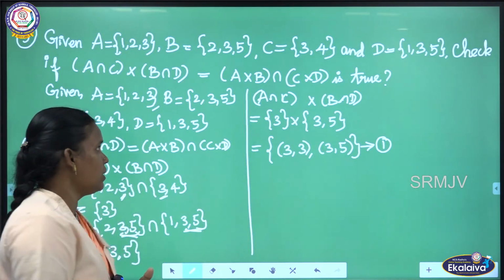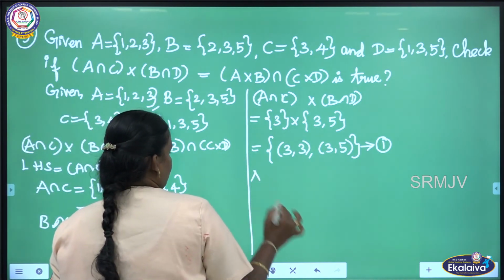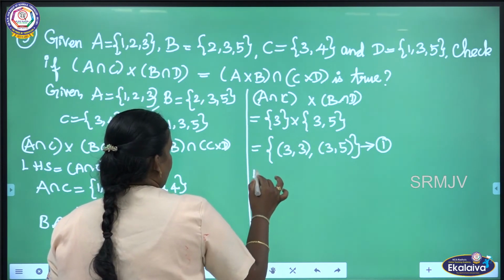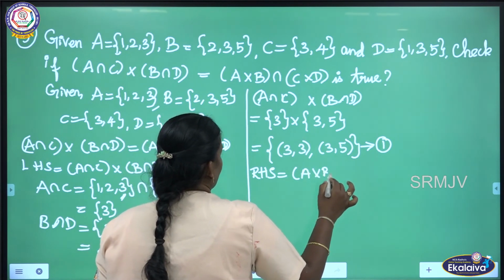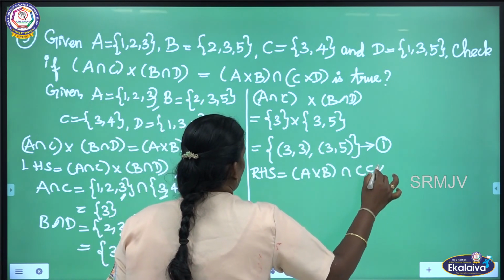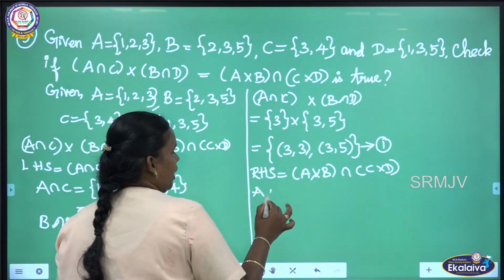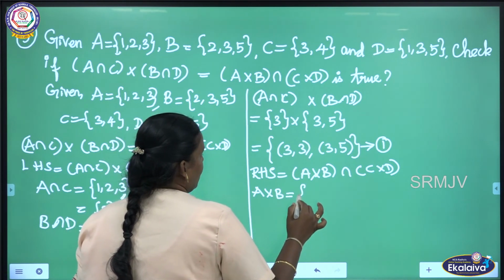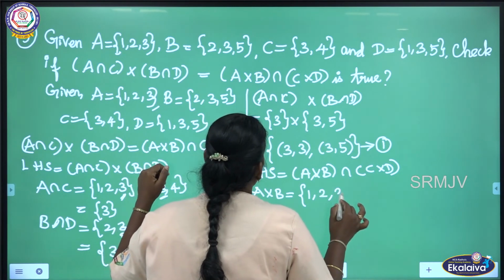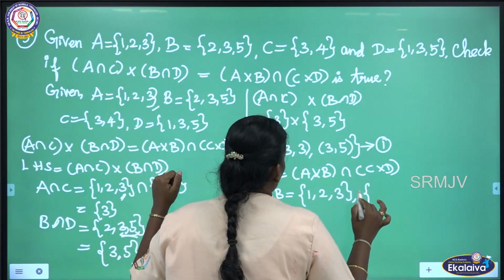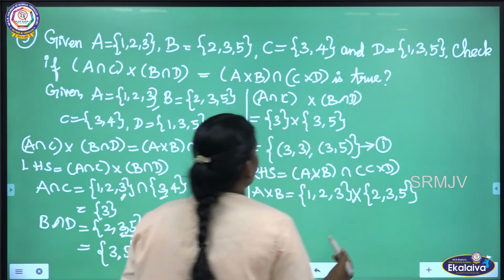Then we have to proceed with the RHS. They have given you to find (A cross B) intersection (C cross D). In this, first I am going to find A cross B. A set {1, 2, 3} cross B set {2, 3, 5}.